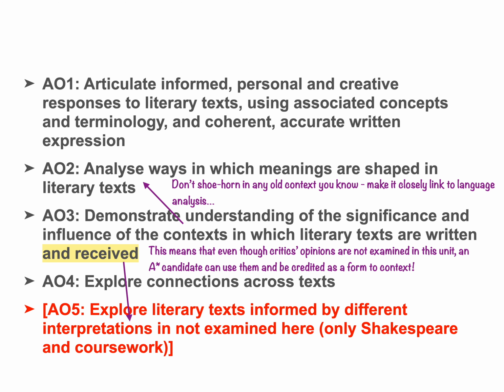Assessment Objective 2 should be the bread and butter that you're more familiar with from GCSE: analysing ways in which meanings are shaped in literary texts. Assessment Objective 3: demonstrating understanding of the significance and influence of the contexts in which literary texts are written and received.